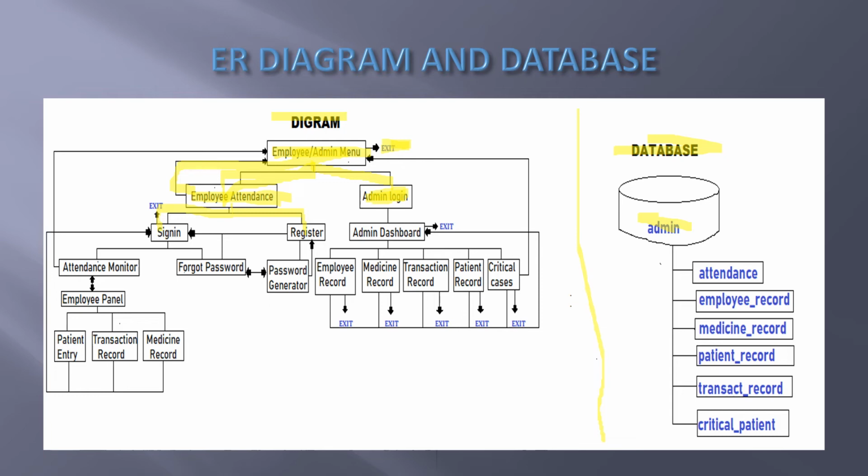We can either sign in, which has 3 buttons: sign in, register, or exit. Through the sign in panel also an exit button is there, and through sign in we can do these tasks, that is attendance monitor or forgot password. Either the employee can give the attendance or use forgot password.